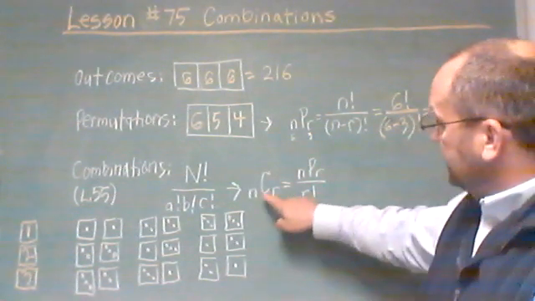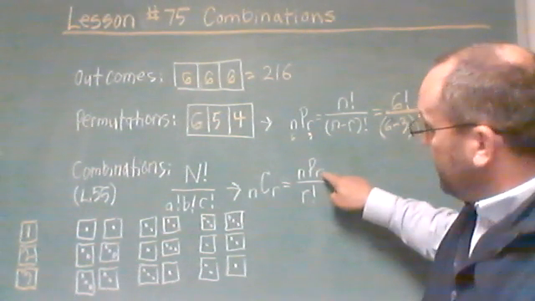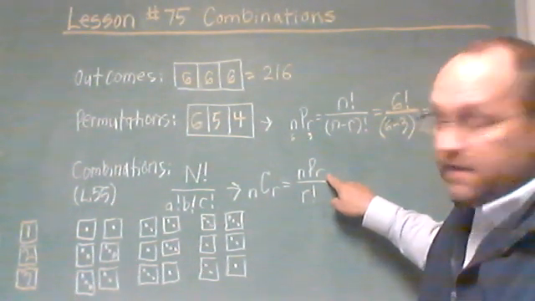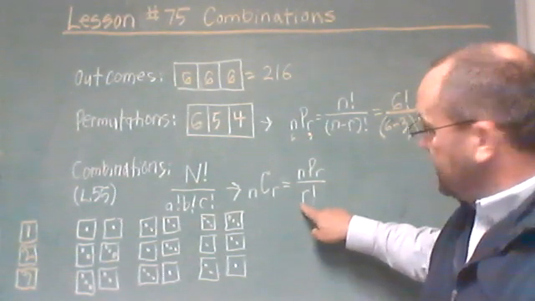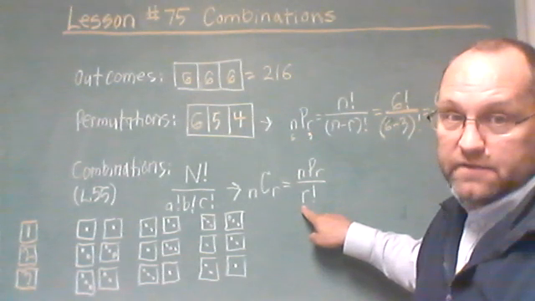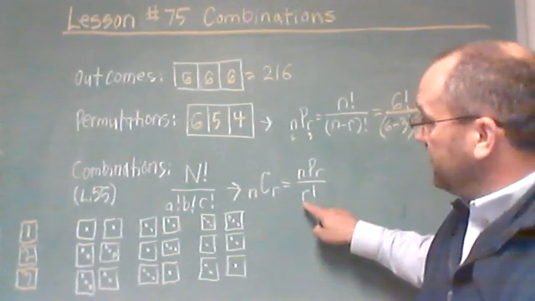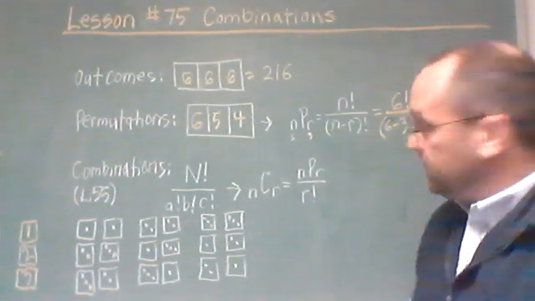It's saying the combinations possible is the number of permutations divided by, okay, the number of items that are similar in those individual events, okay? Well, what are the similar items? In this case, it's the 3 dice. I have 3 dice exactly similar, okay?